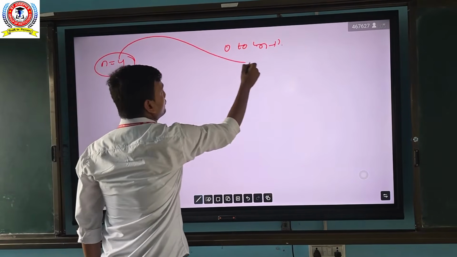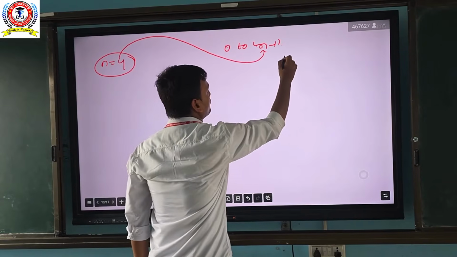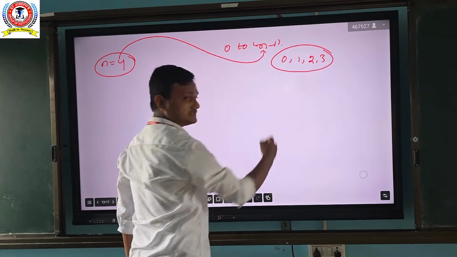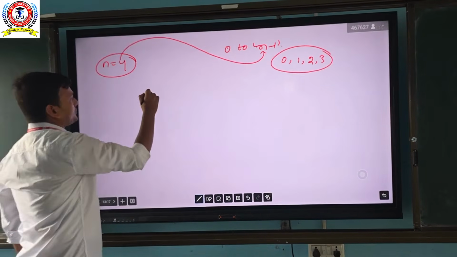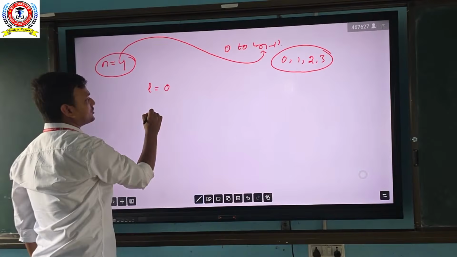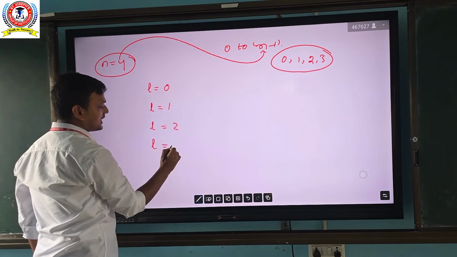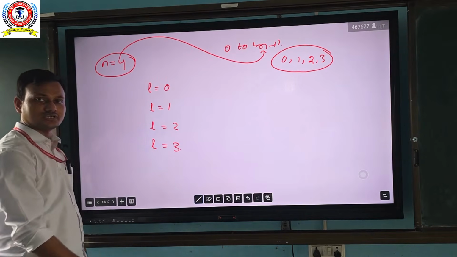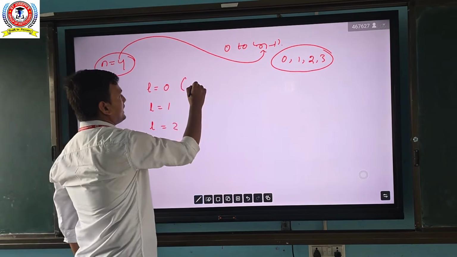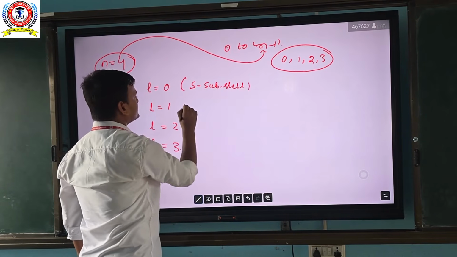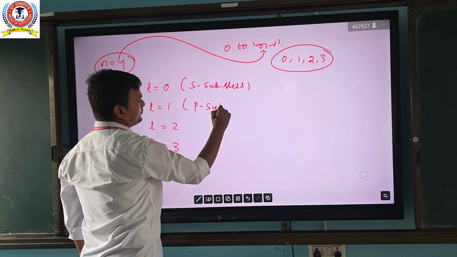Suppose when we put this value, that means 0 to 4 minus 1, that is 0, 1, 2, 3. That means four values come: L is equal to 0, L is equal to 1, L is equal to 2, and L is equal to 3. And we know that L is equal to 0 is which subcell? S subcell. L is equal to 1, which subcell? P subcell.